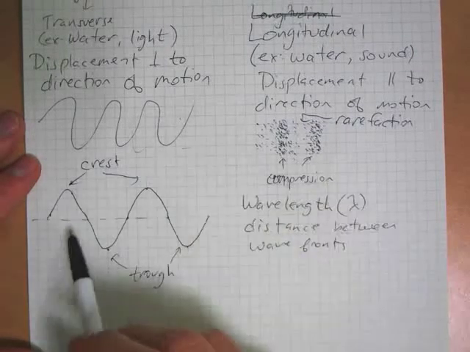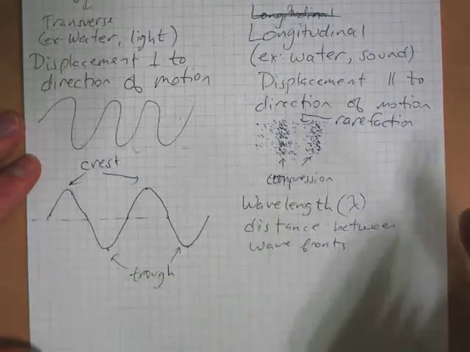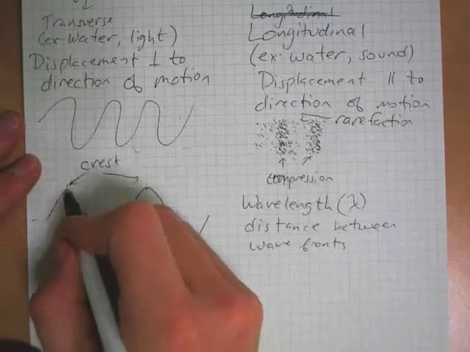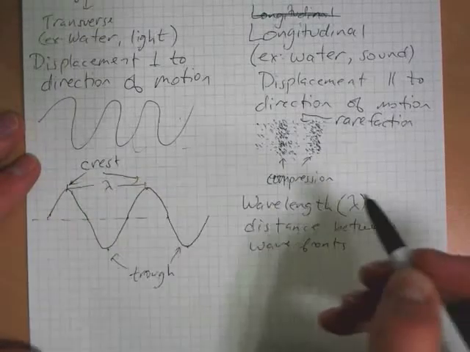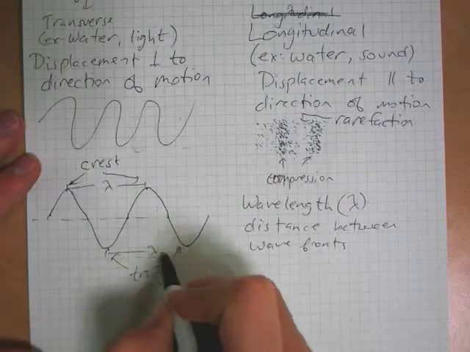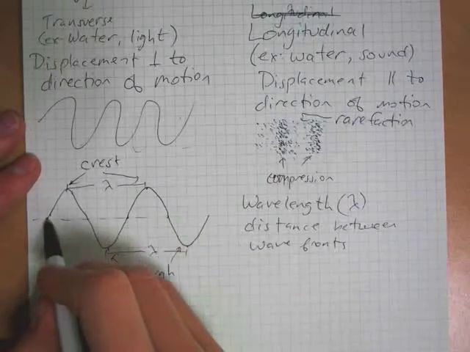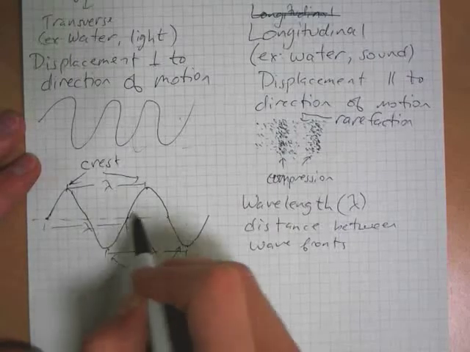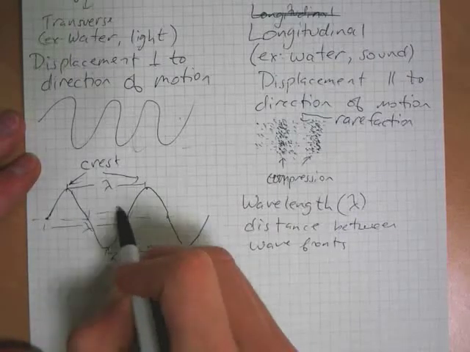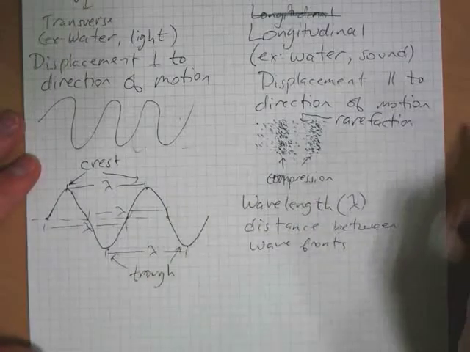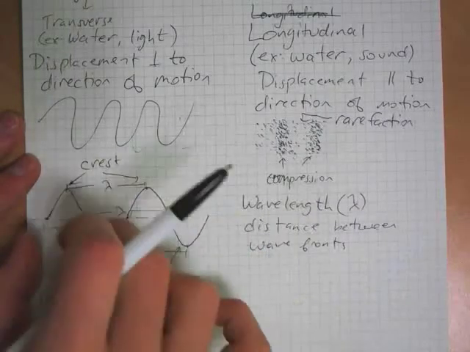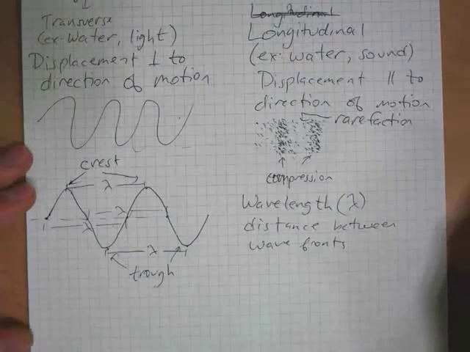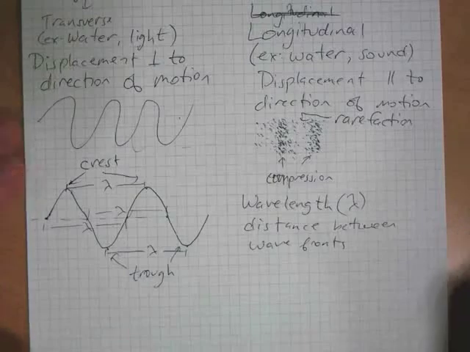In a water wave, it would be the distance between one peak and the next. This is a wavelength from crest to crest. We could also measure from trough to trough, or from 0 going up to 0 going up, or from 0 going down to 0 going down. Any of those are wavelengths, and you can see that they're all the same length. That's the distance over which the wave repeats.